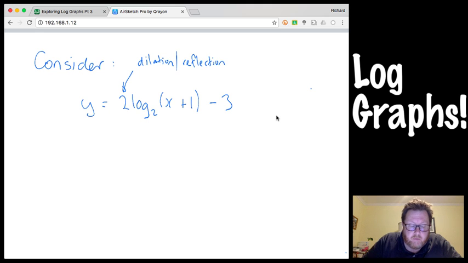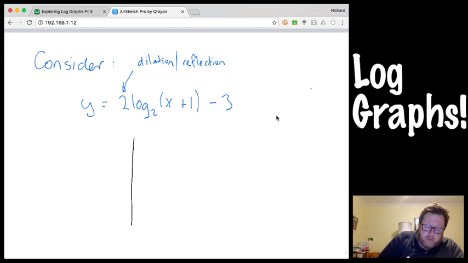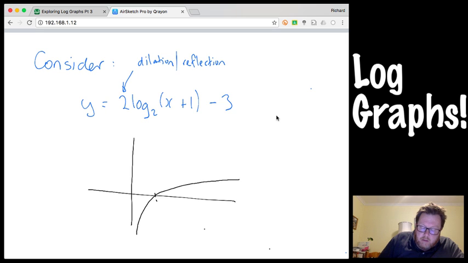So if I were to draw that, this is just a really quick sketch. So there's the point 1. If the original log function sort of looks like this, like so, then the new function, the 2 would have this effect, ignoring the rest of the things.